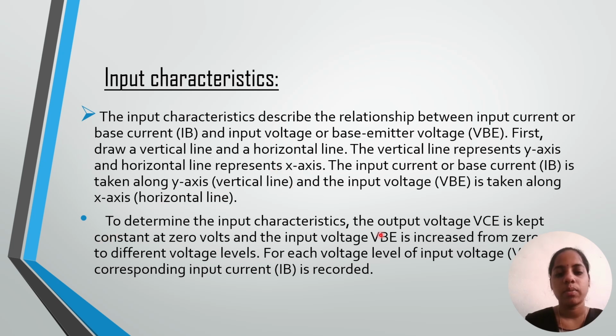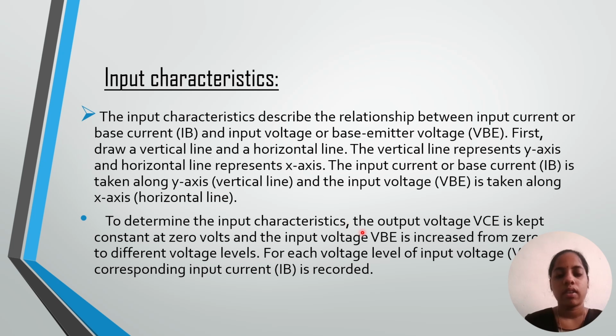To determine input characteristics, the output voltage VCE is kept constant at 0 volts and the input voltage VBE is increased from 0 to different voltage levels. For each input voltage, the corresponding input current is recorded.